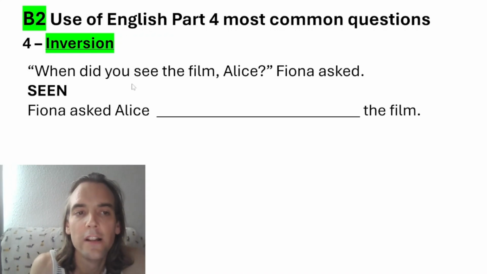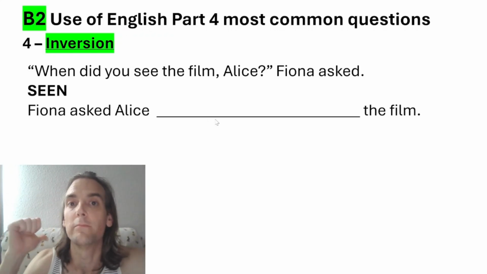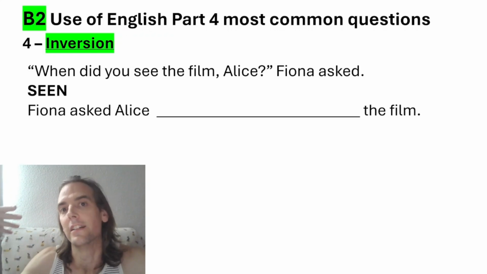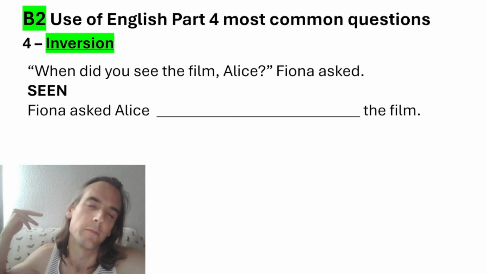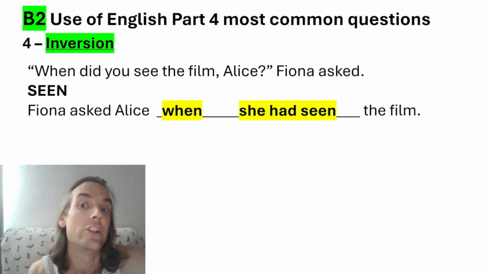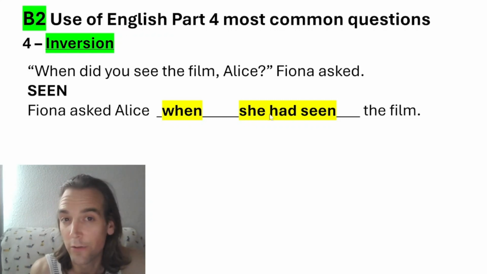This is past simple. So in reported speech, we need to go past perfect. You back shift one tense because you asked her in the past about something in the past of the past. Past perfect. When she had seen. That's why I'm saying it's inversion, isn't it? Because it's not when had she seen the film, because that would be a question.